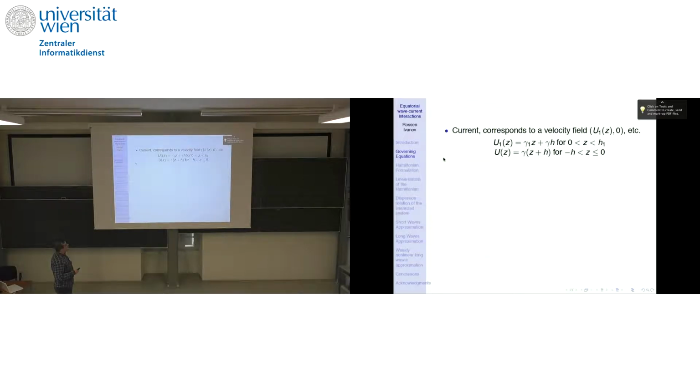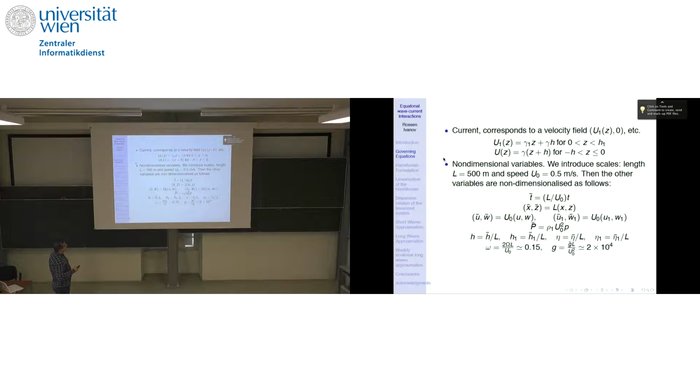Okay? And then the currents, where gamma h is the average current on the thermocline. So we have these linear expressions. And for what follows, we go for a non-dimensional exercise.